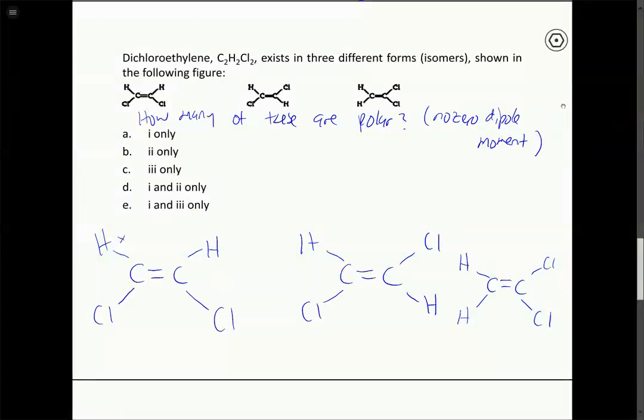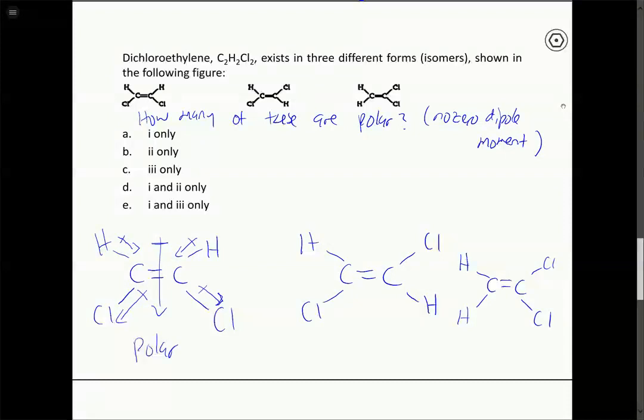So if we draw the individual bond dipoles for this one, there are going to be small bond dipoles pointing towards each carbon, and then the carbon-chlorine bonds are also polar and sort of in the same direction. So clearly these bond dipoles don't cancel each other out, they actually reinforce each other, and so we have a net dipole moment in this molecule that's going to point down towards the chlorines. So this one's going to be polar.